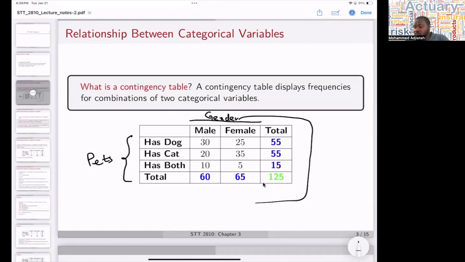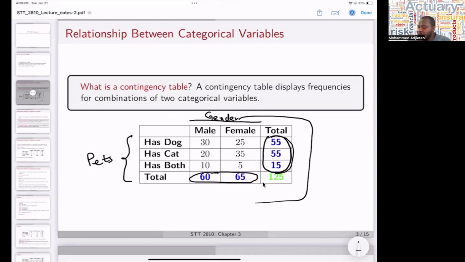For marginal distributions, the variables here are gender and pets.